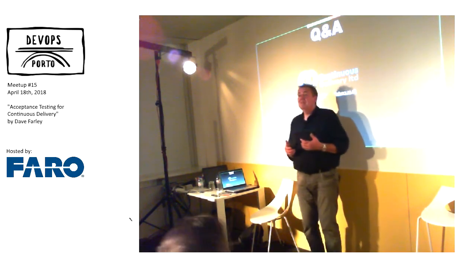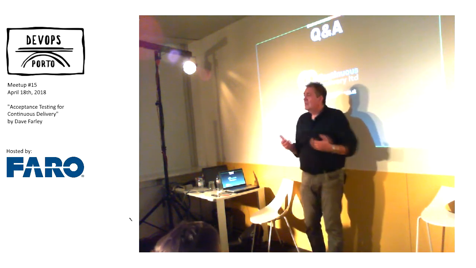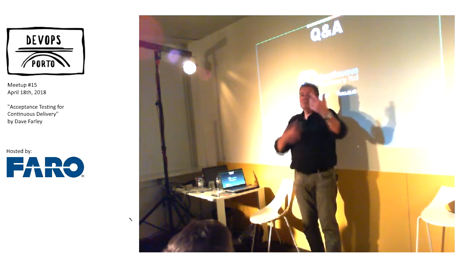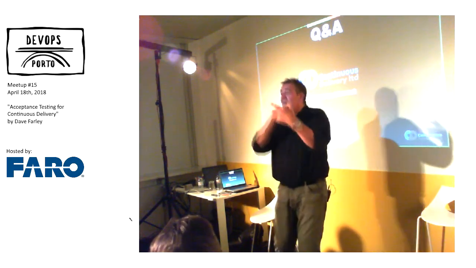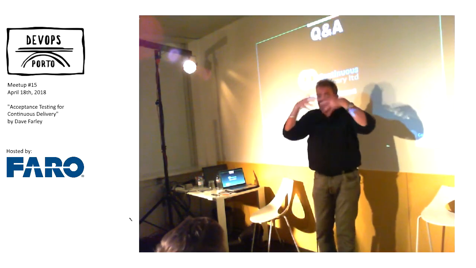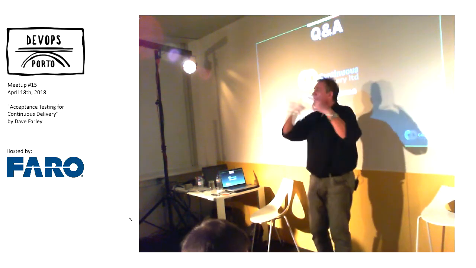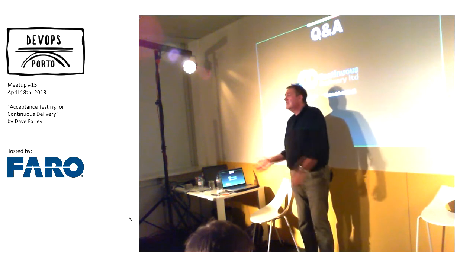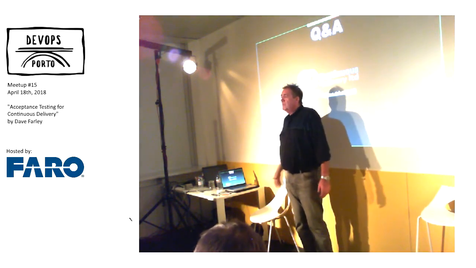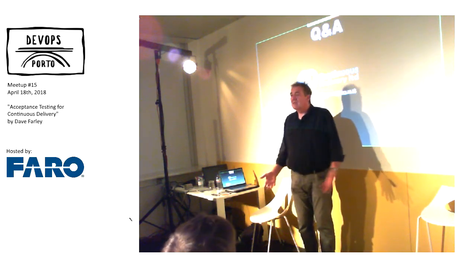So, is the color of the button better or worse? Or you might be able to do that with A/B testing. I don't know, but is it nice to use? Does it paint pretty pictures inside my head and allow me to think differently about the system? Does it allow me to explore the system? All of those sorts of things. We might build machine learning algorithms to do that one day, but we're not there yet. So that's a good thing for human beings to do.